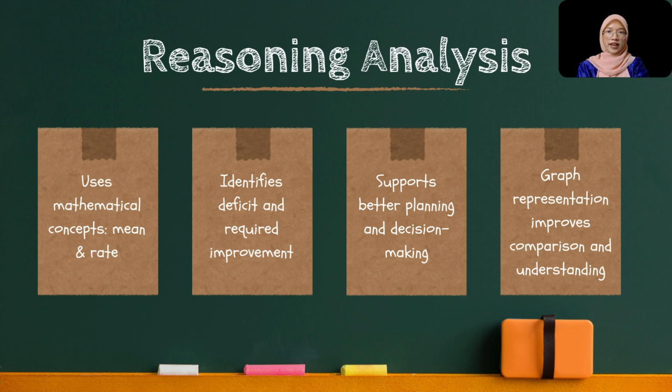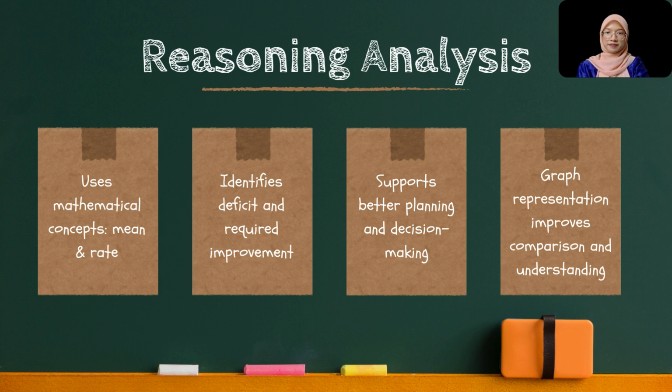Let's take a look at reasoning analysis. In solving this problem, reasoning is applied in several ways. First, it uses mathematical concepts such as mean and rate. Second, it helps us to identify the deficit and what needs to improve. And third, it supports better planning and decision making.